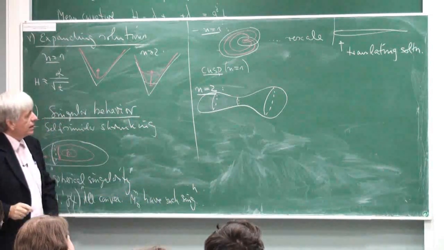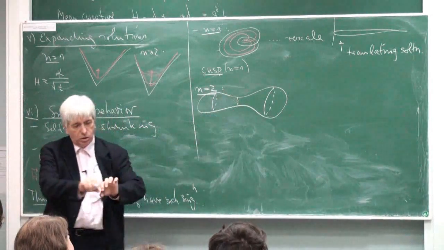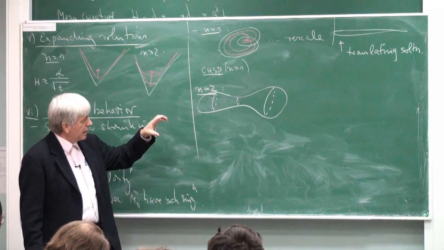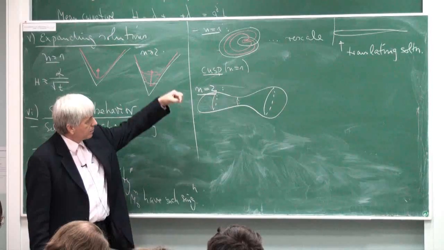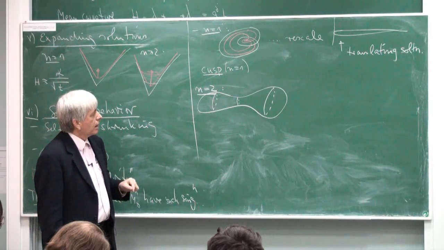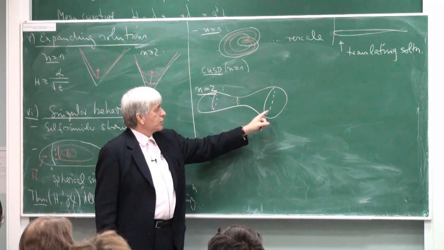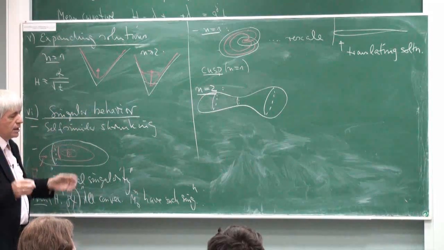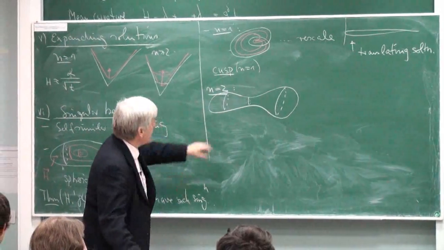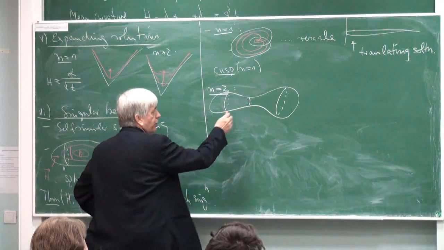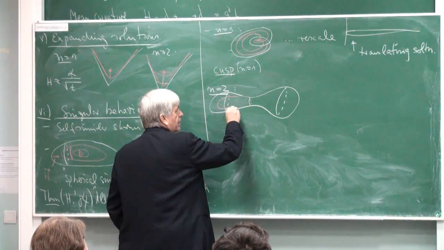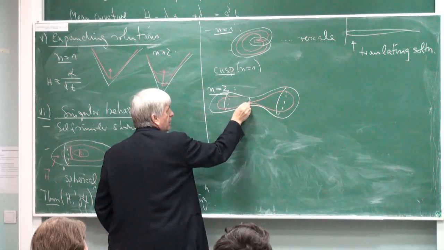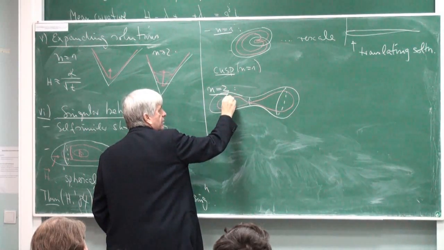And now if you make this neck in the middle long and thin, then you have a big mean curvature vector pointing inward, but much bigger than the mean curvature vector here of these two bubbles at the end. And then the neck in the middle will shrink off much faster than the bubble at the end. So you get something like this.